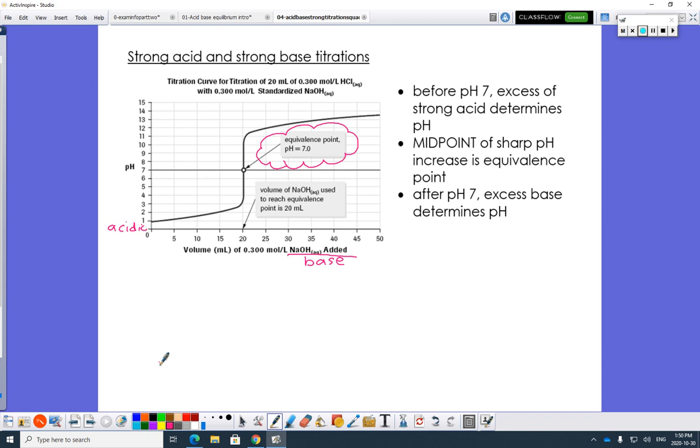And if you were given a graph, a curve, you're not going to have to do this, but let's say you had to go the other way and you were given a curve, then this equivalence point, if you measured this line, this is exactly halfway up the peak. You should get a pH of 7. We're just going to do the math part of it, not the graph part.